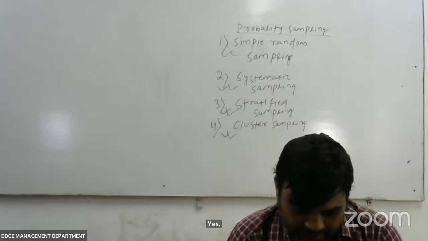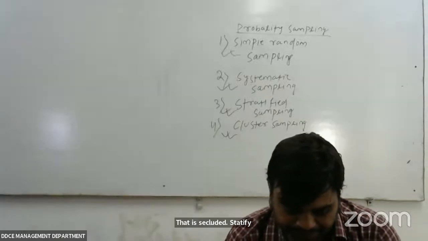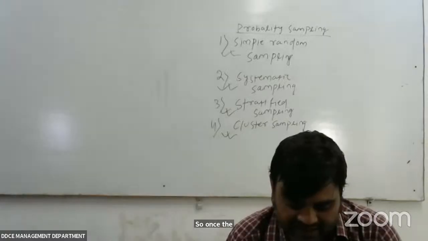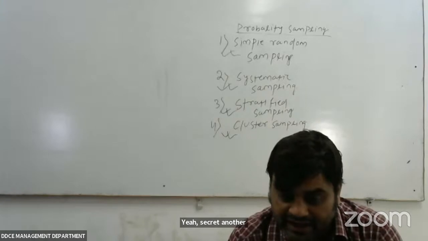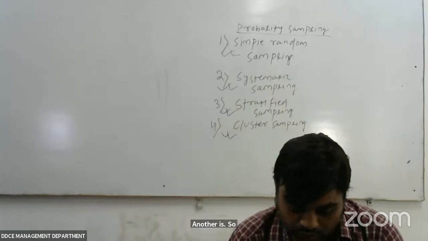We have given loans to 500 customers. There is a secured loan of 200 and an unsecured loan of 300. So one stratum is secured, another is unsecured. Your strata are like that, but you will collect the data randomly. There is no biasedness.